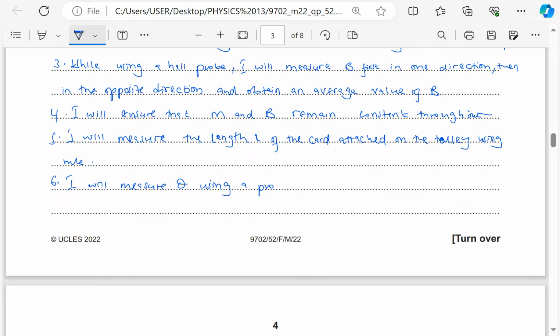So I'll measure theta using a protractor, as shown on the diagram. I've indicated this on the diagram. Okay, then step number 7.